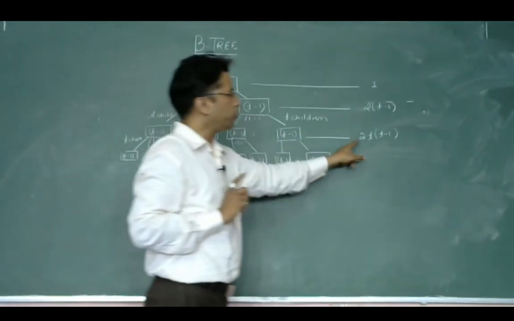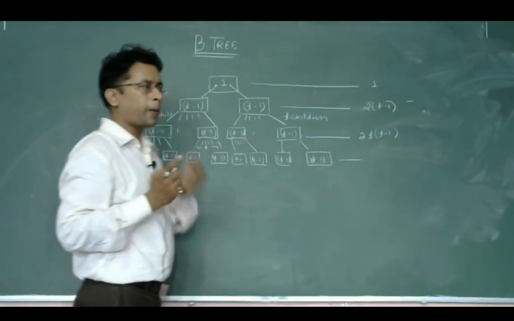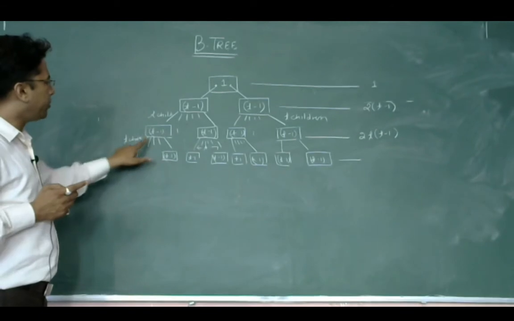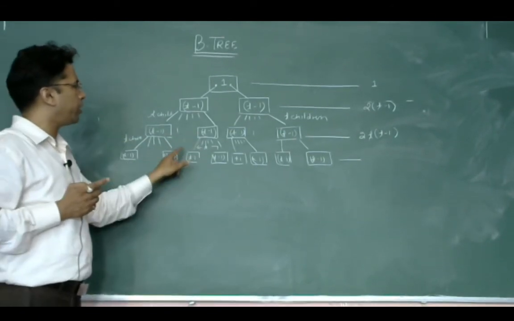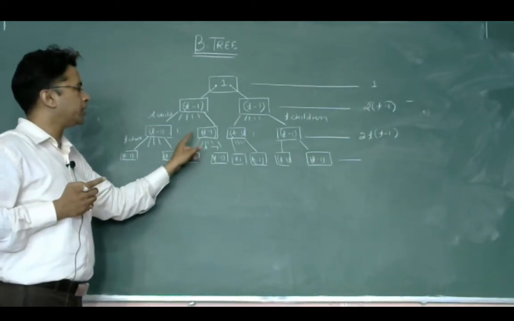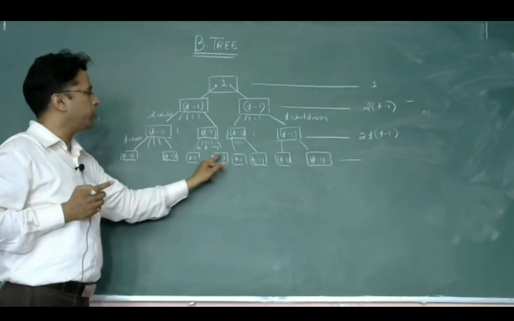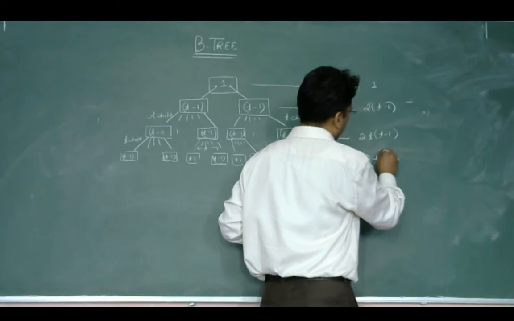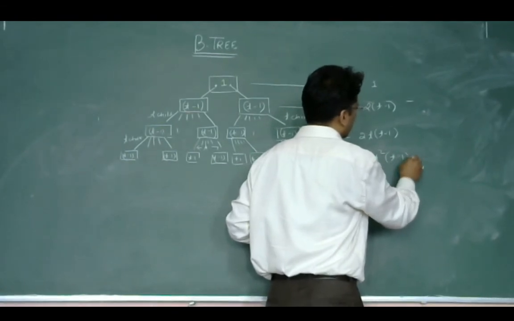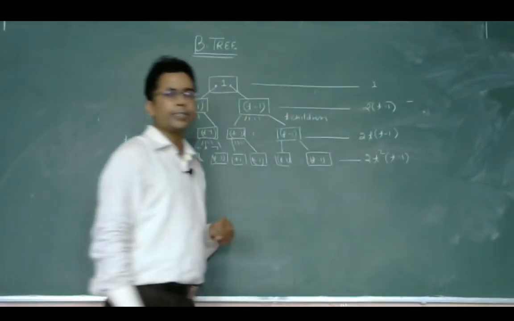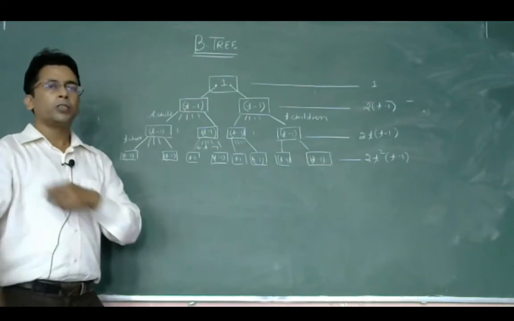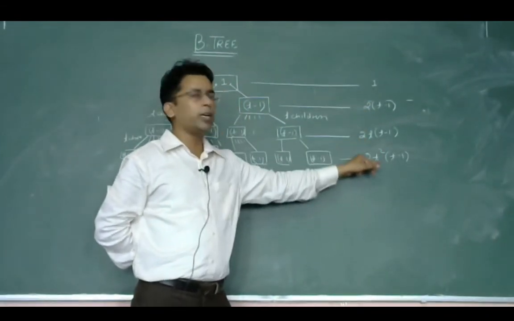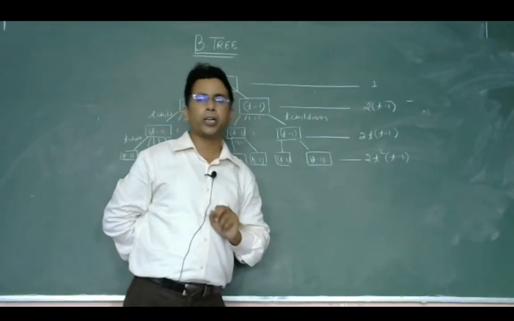So there are 2t into t minus 1, and here again t into t minus 1, and similarly there are t children, so here we'll have 2t square into t minus 1 elements, and so on like this. Okay, so this is the total number of elements at each level.